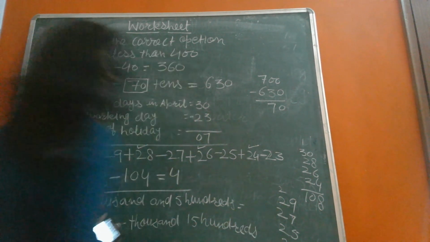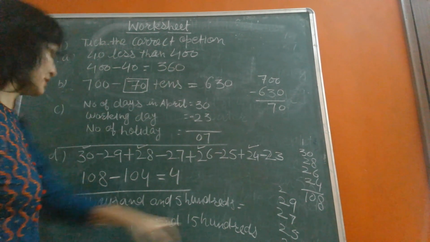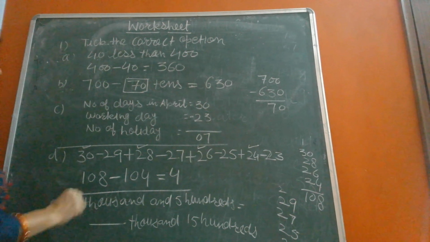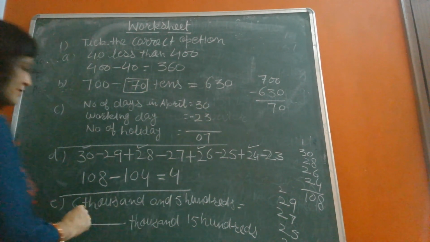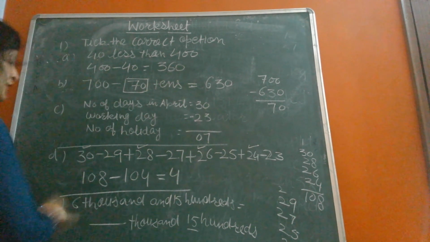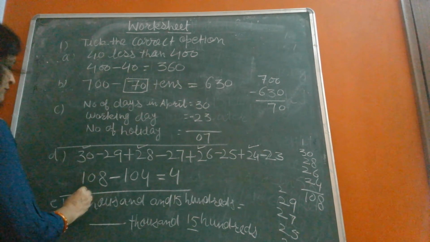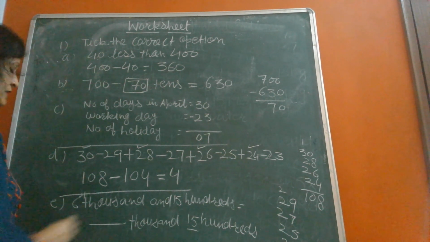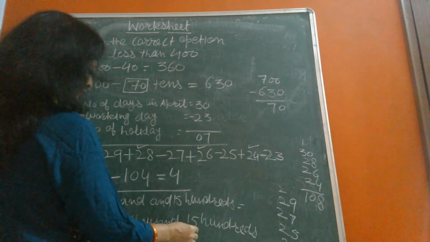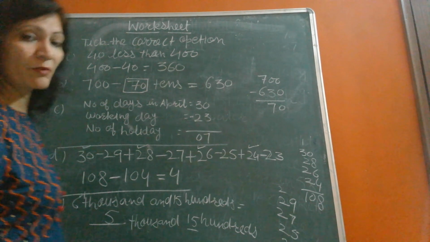In this question, what will we do? There is 15 in hundreds and a blank in thousands. If we take one borrow from the thousand, there will be 15 here. If 1000 is given to the hundreds, what is left here? If we subtract 1 from 6, how many are left? 5. So 5000 and 15 hundreds. The answer is 5.